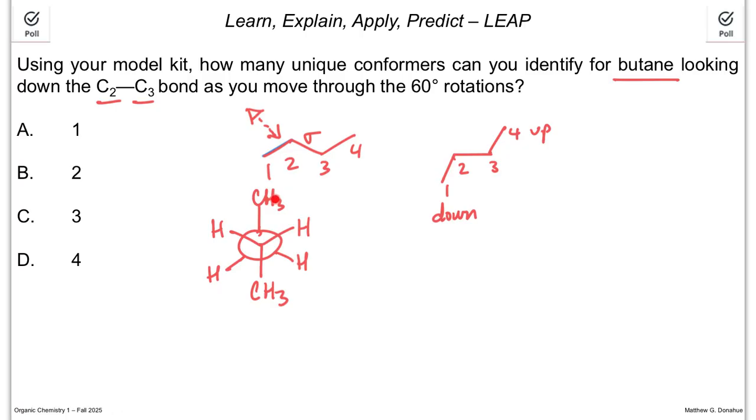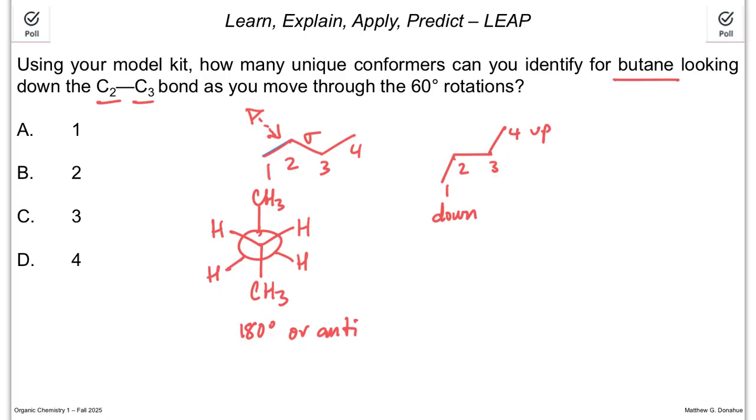So the dihedral angle between them now is what? 180. So another word that we use for that is anti. So that's one conformer and it's staggered.